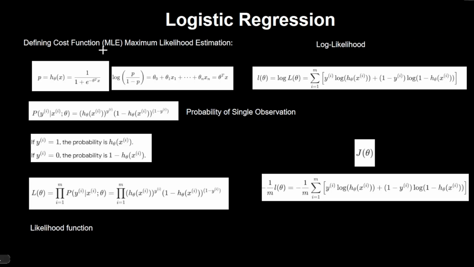Now let's talk about maximum likelihood estimation. It is a key method to define the cost function in the case of logistic regression. In linear regression, we had OLS, ordinary least squares, but it is irrelevant here because our function is an S-shaped curve ranging from 0 to 1, while OLS only accounts for values between minus infinity and infinity, and it doesn't account for the non-linearity.